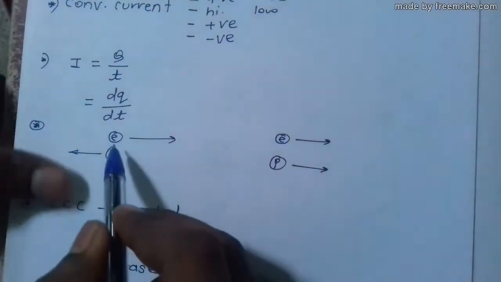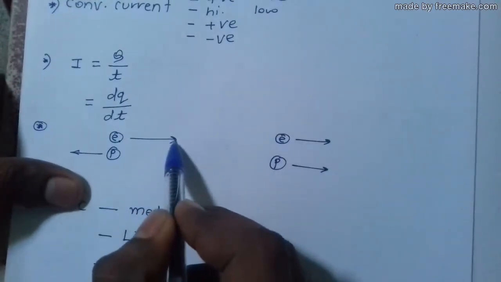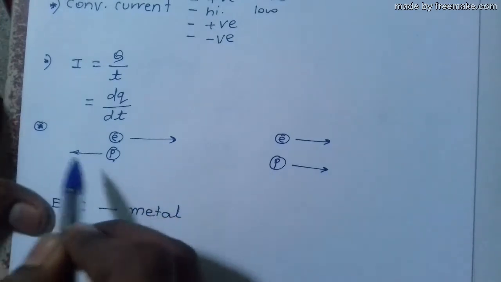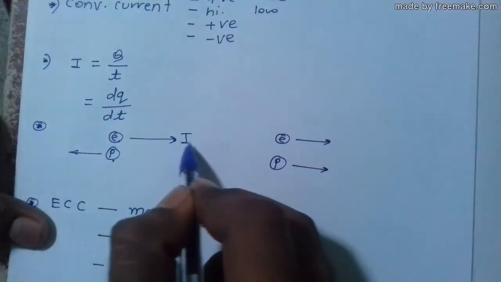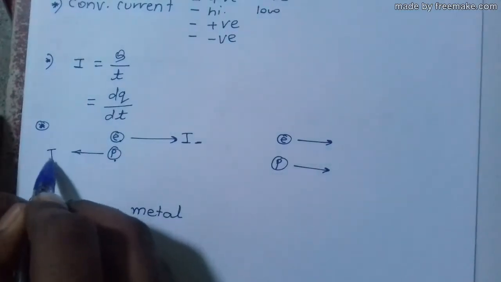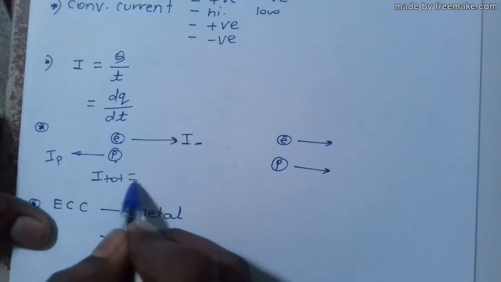If negative charges are flowing towards the right hand side and positive charges are flowing towards the left hand side, then current is produced due to negative charge as well as current is produced due to positive charge. So total current is what?